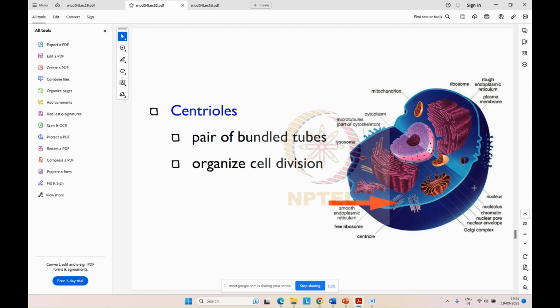Centrioles are, so we had talked about the tracts, which is the cytoskeleton of the cell. Now, the cytoskeleton of the cell contains multiple components inside it. They can have microtubules on which the cargo usually travels.